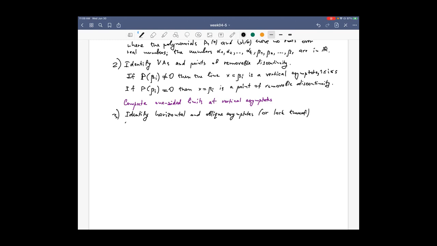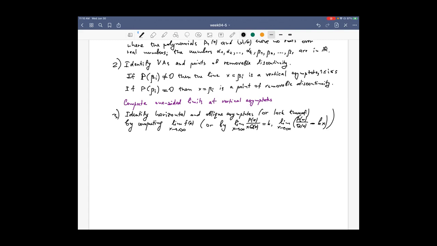By computing the limit at infinity, or in the case of oblique asymptotes, by computing limits: the limit of p over xq, which will be the slope of our oblique asymptote, and the limit of p over q minus kx, which will give you the y-intercept of your oblique asymptote.